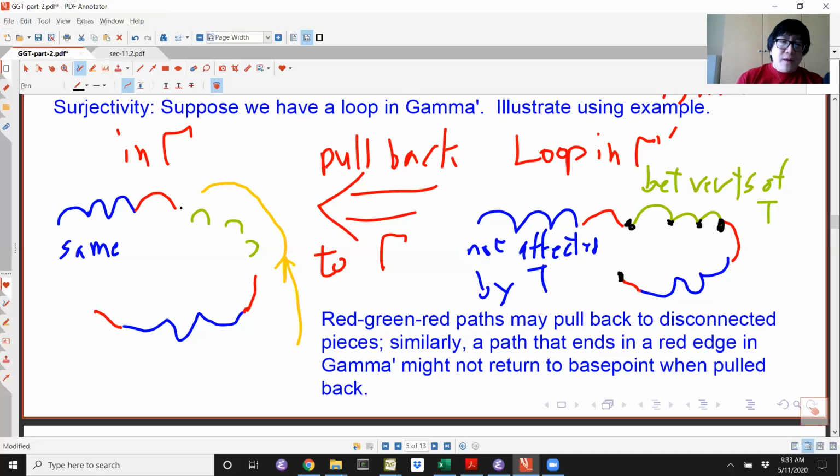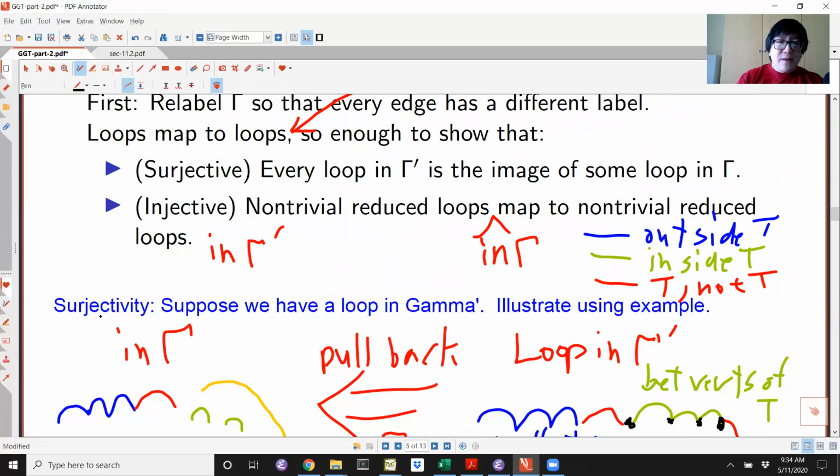So when you pull back literally just those green edges, you might have a bunch of disconnected pieces. And if your base point is in the tree, as it was in our particular example, then maybe this red edge doesn't actually end at the base point.